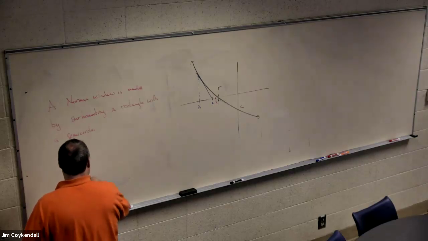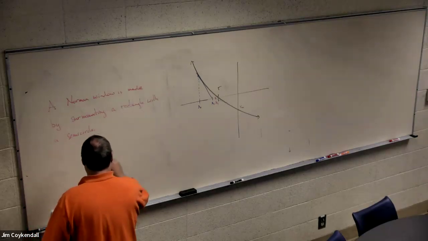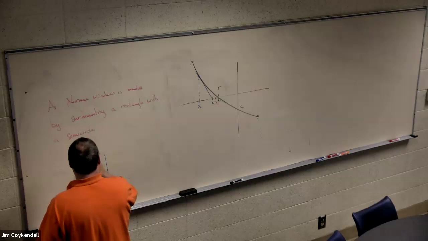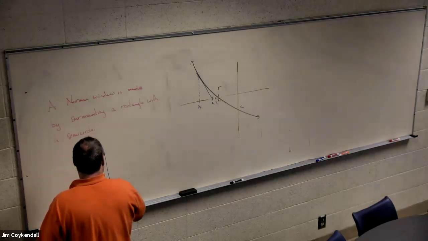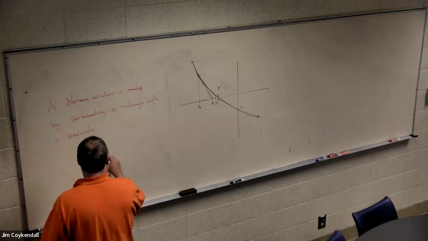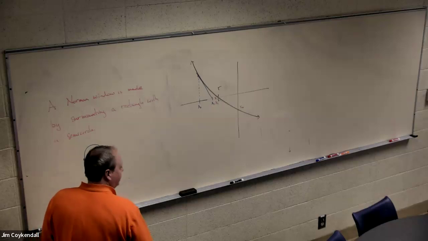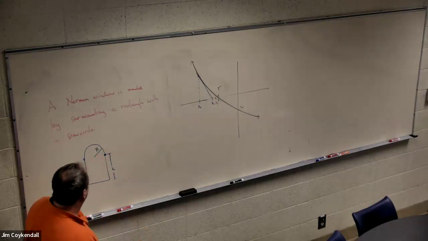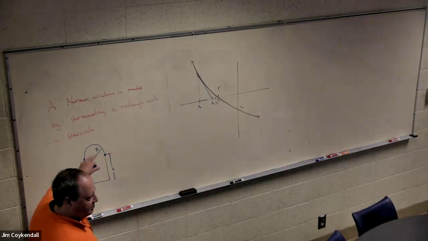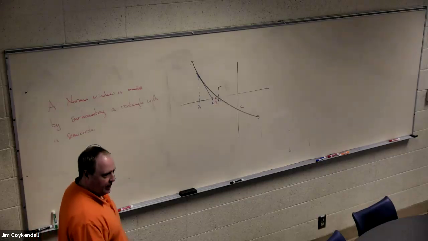So I think this is called that. Anyway, the idea is you have a semicircle here, radius R, and here is H. So you've got this window that's a semicircle on top of the rectangle.